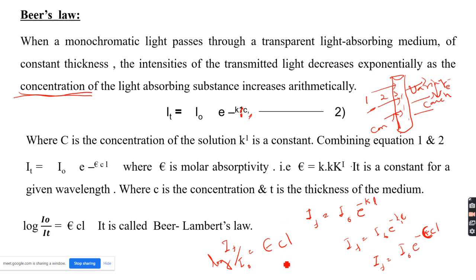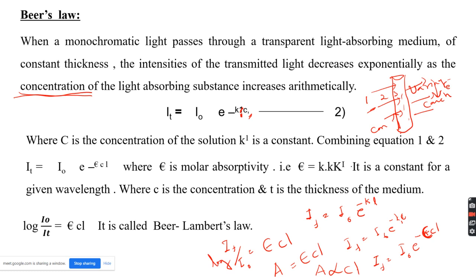So what is that log I0 by It? That is absorption, equal to epsilon CL. Absorption is directly proportional to the concentration and the thickness of the medium. If you keep the thickness constant, then absorption by the solution is directly proportional to the concentration.